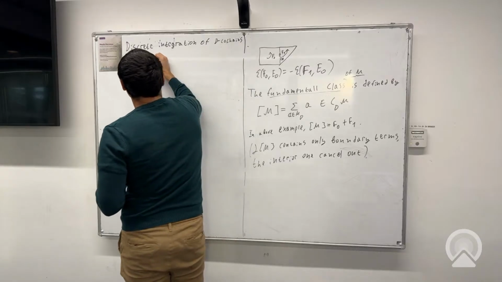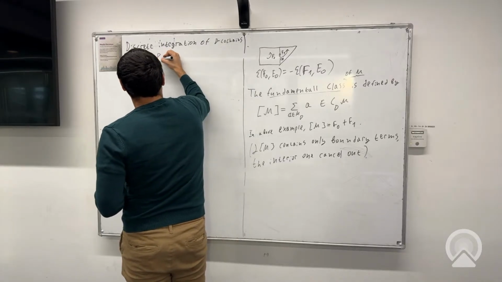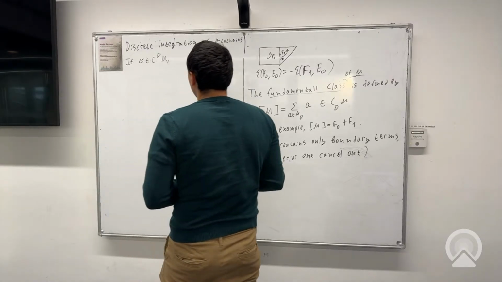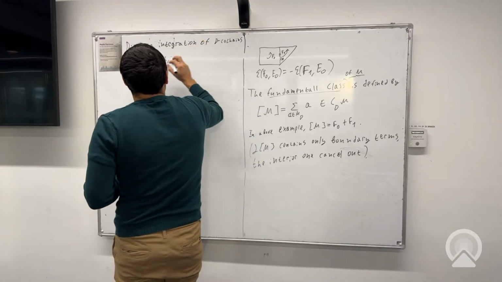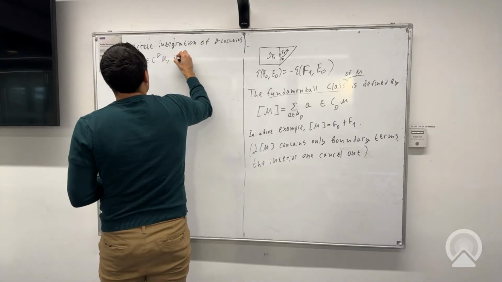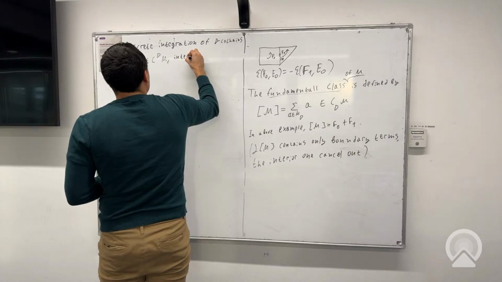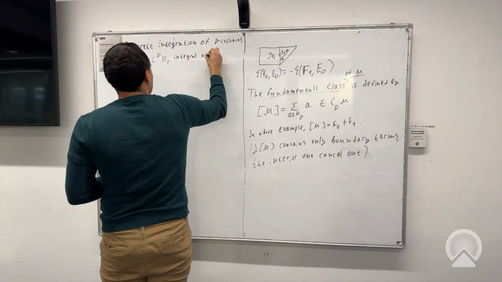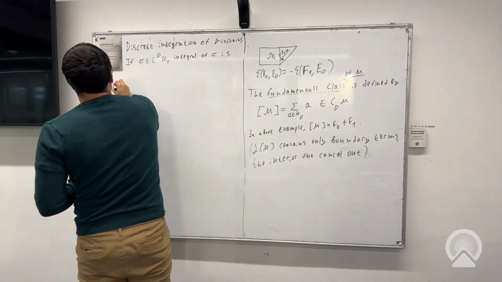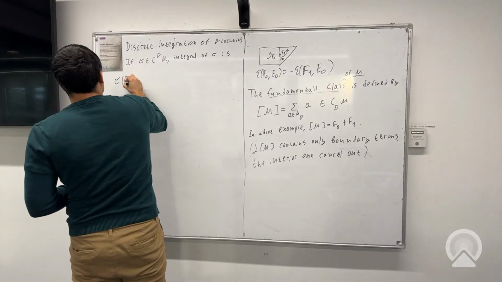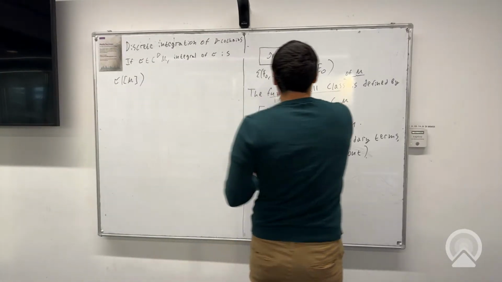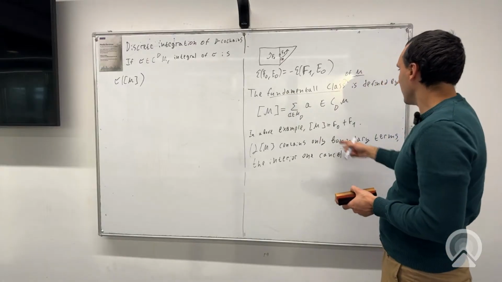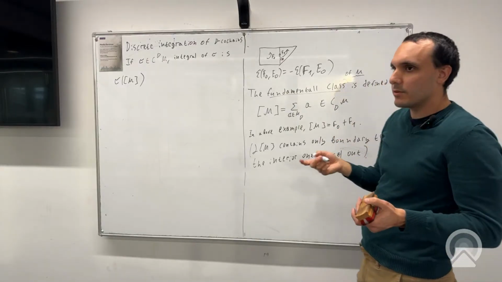If sigma is a D-cochain, then the integral of sigma is sigma applied to the fundamental class.